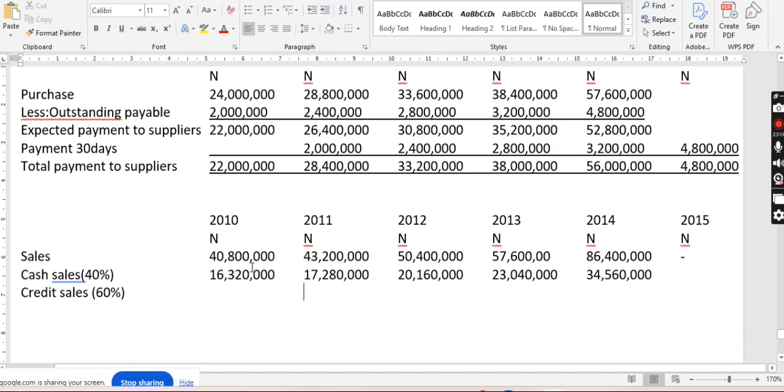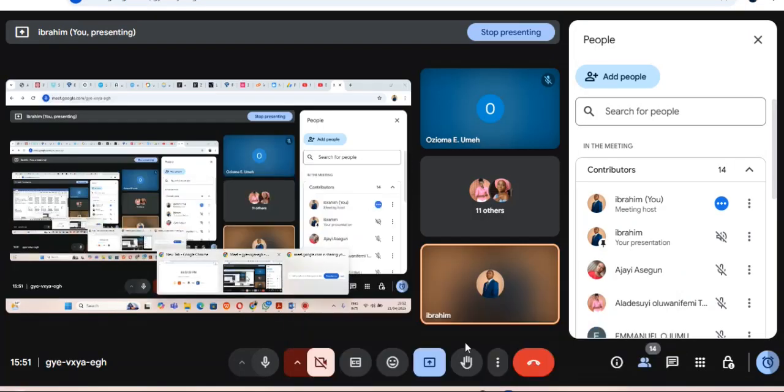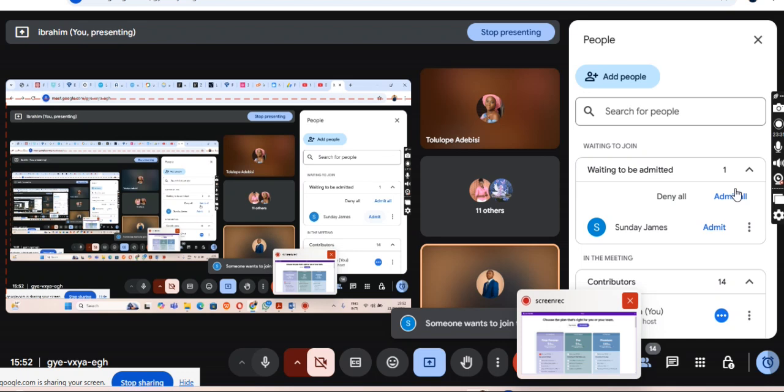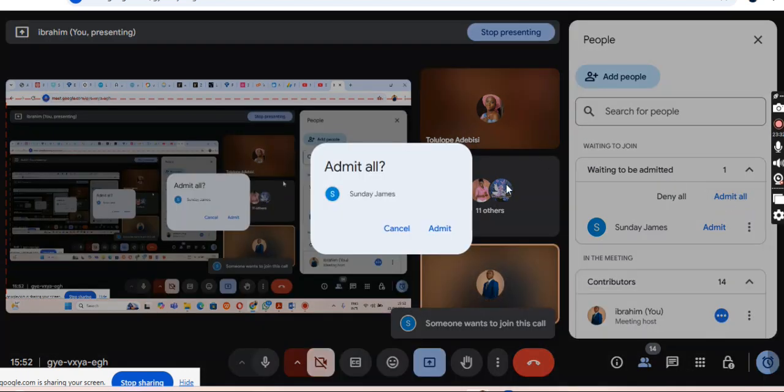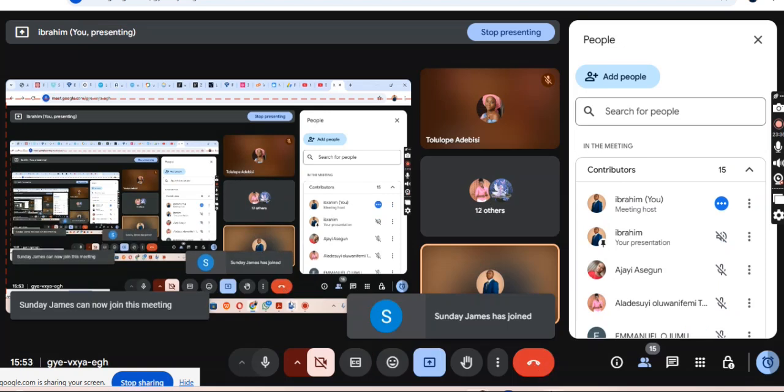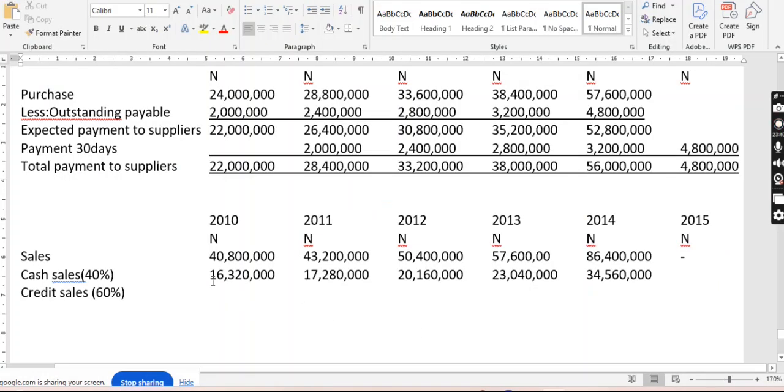60% of 40,800,000. What do you have? 60% of 40 million. What do you have? 24.8. 24 point what? 24,480.